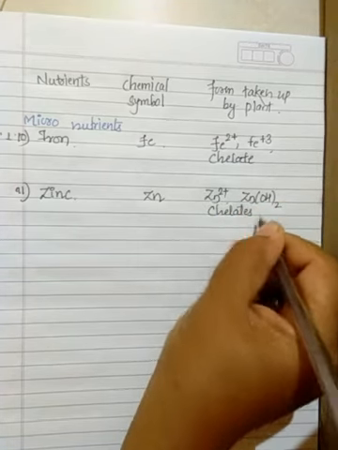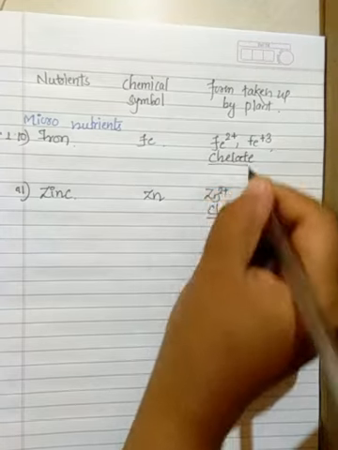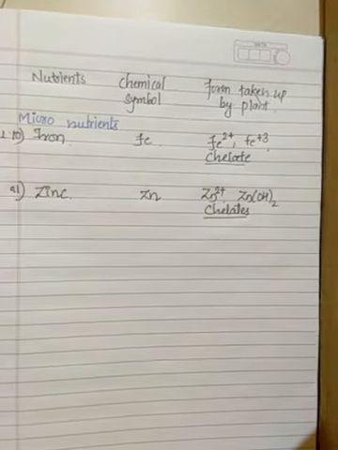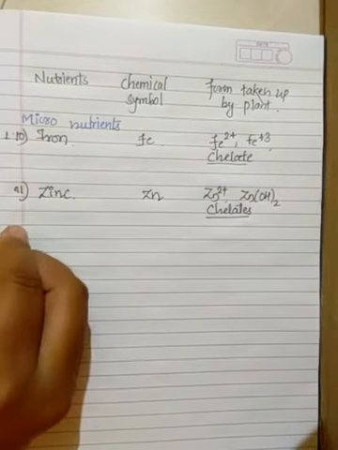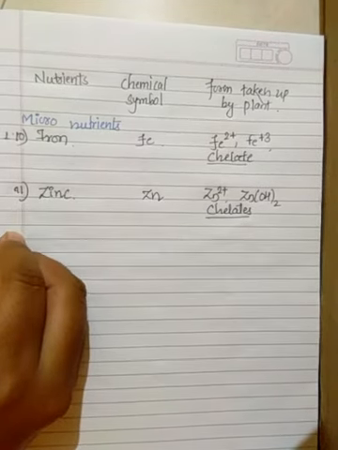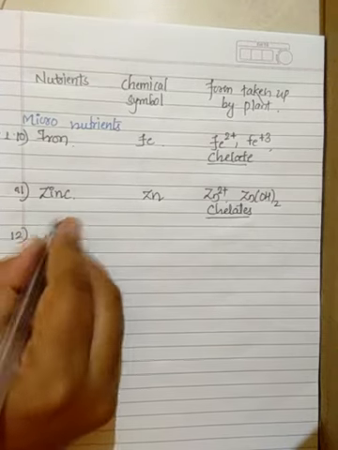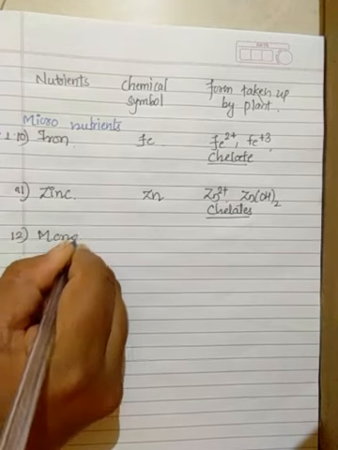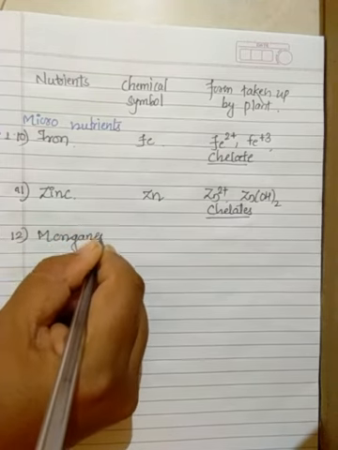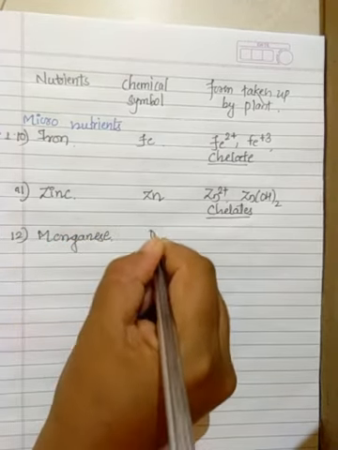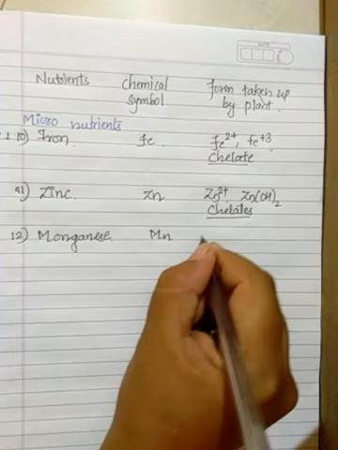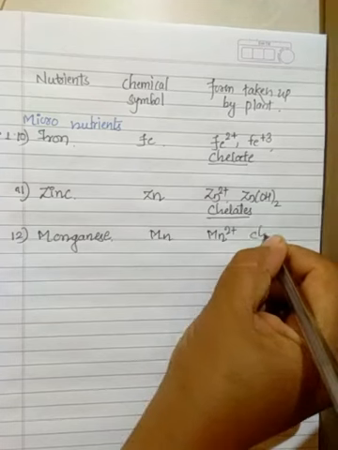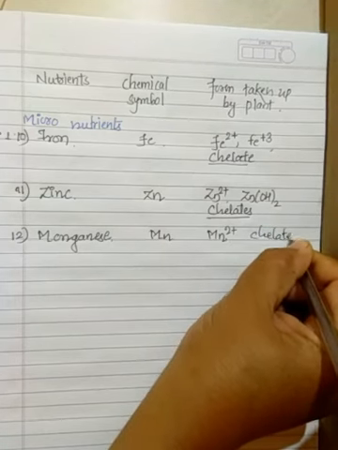I hope you already know the meaning of chelates. Then next one, manganese. Symbol for that Mn, the form required for the plant is Mn2 plus and also chelates.